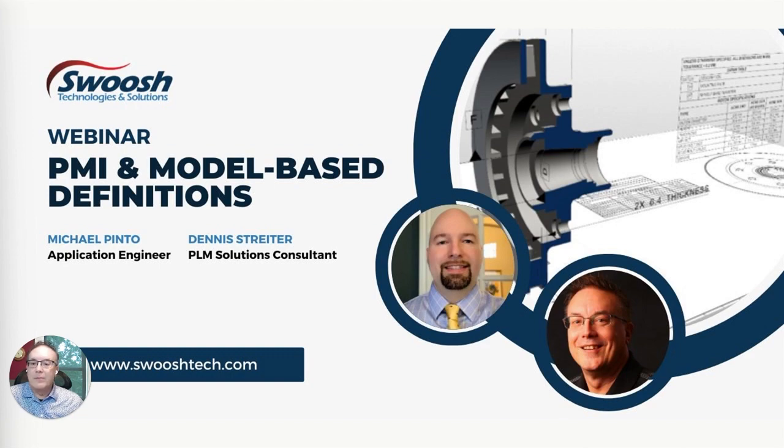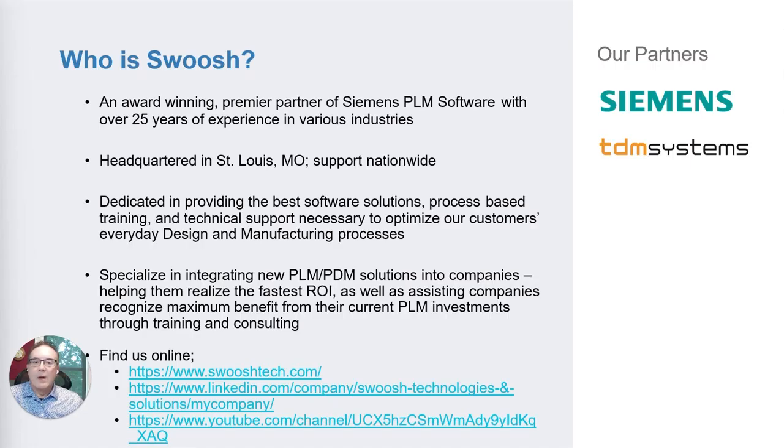But before we get to that, I want to give everyone who's not familiar with Swoosh a little bit of an overview. Swoosh is a Siemens Platinum business partner, and we're headquartered in St. Louis, Missouri, while serving the entire U.S. nationwide. We focus our talents on three areas of the Siemens portfolio: engineering, manufacturing, and the data and process management solutions.